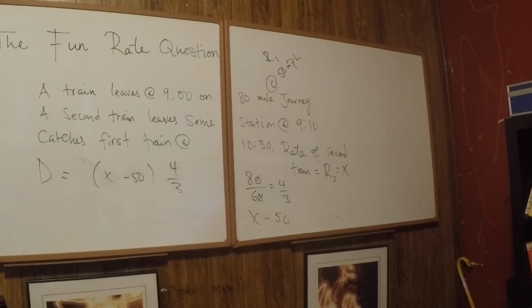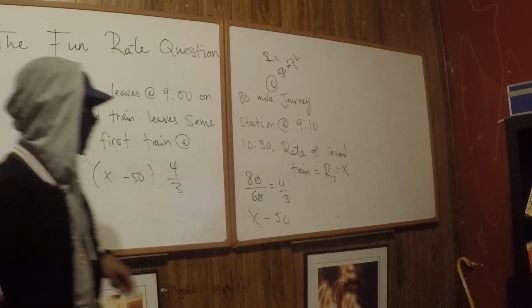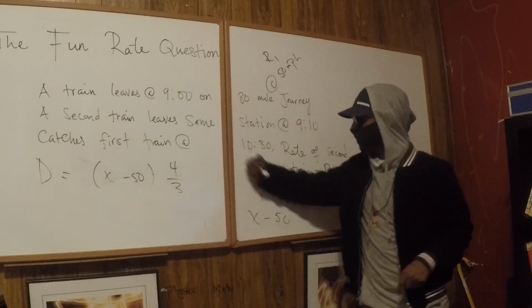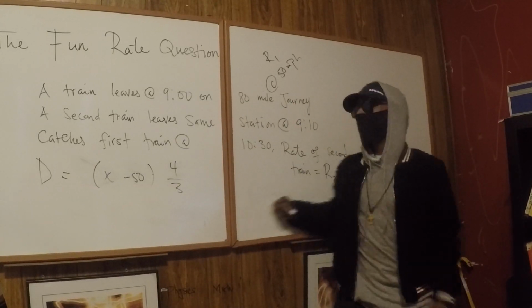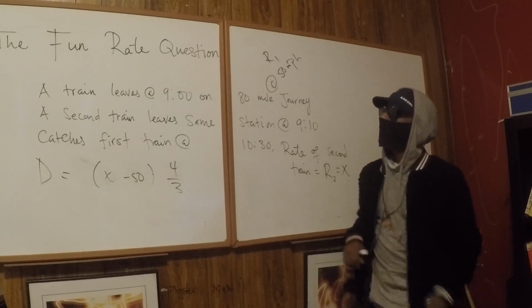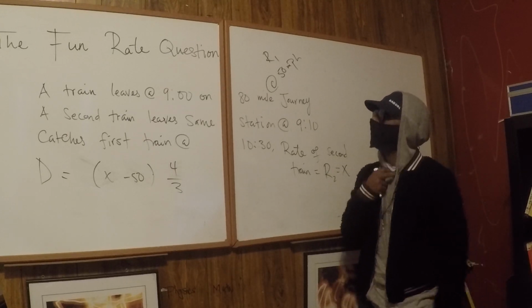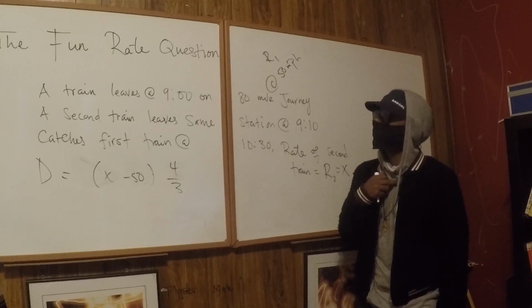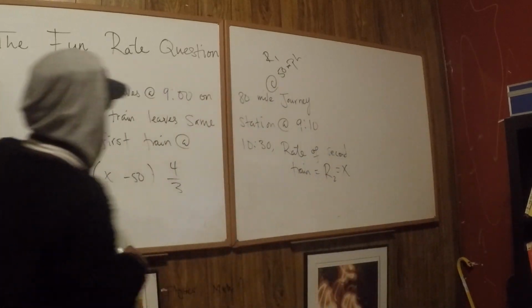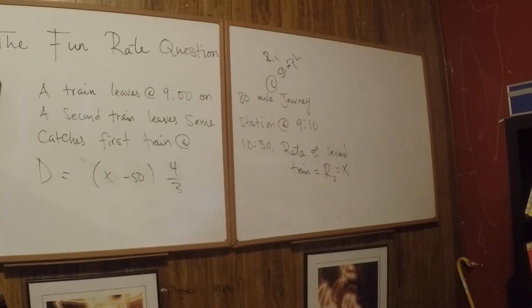Got it. And so then the last thing we must figure out is the D, right? And the D must be, so like the first train is traveling at 50 miles per hour, right?